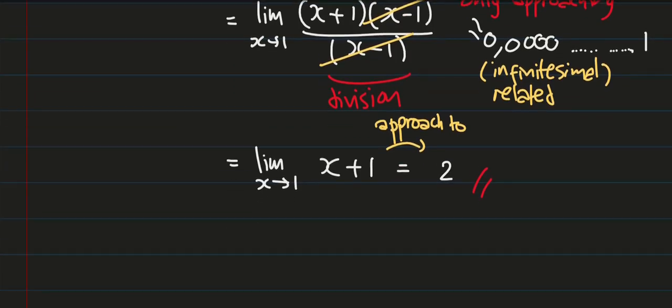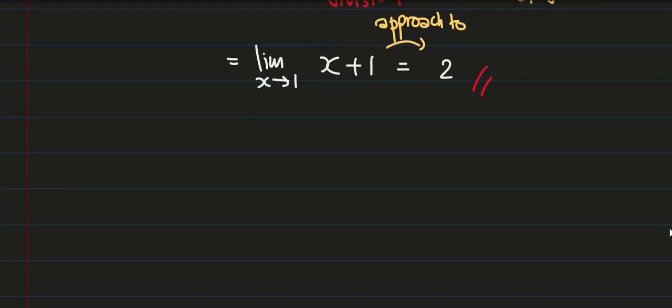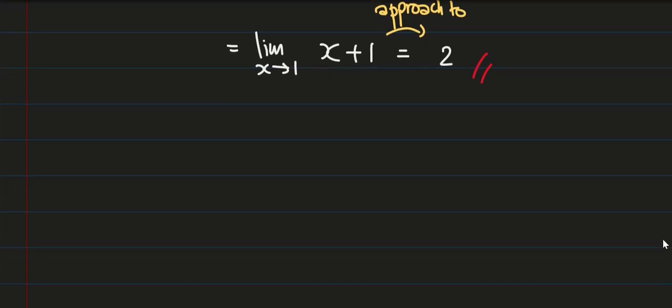You can just graph this with decimals or anything, and you get that this point has value 2, but by limits, not by just substituting into the function.